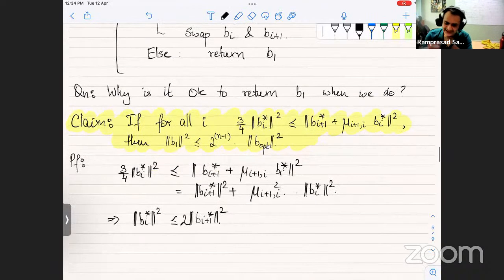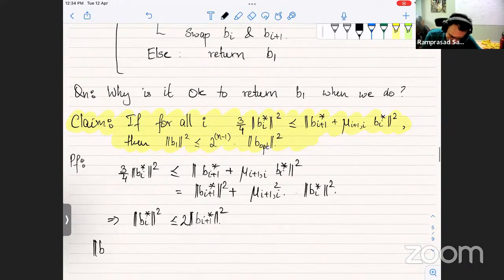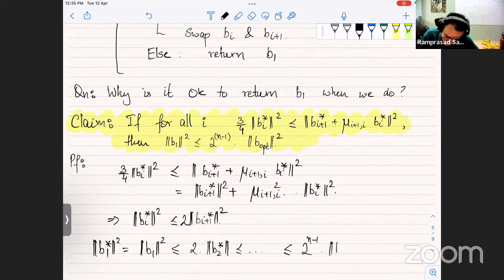Since this is a fact that is true for all i going from 1, 2, 3 all the way till n, what you therefore have is that the norm of b1 star squared, which note was equal to the norm of b1 because b1 star is equal to b1, is at most twice the norm of b2 star, blah blah blah, at most 2 to the power n minus 1 times the norm of b_n star.